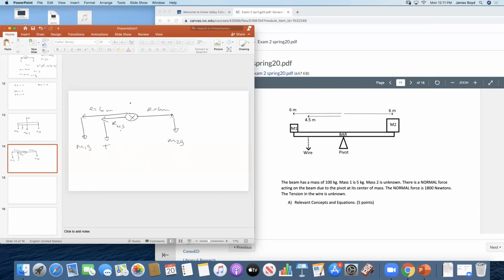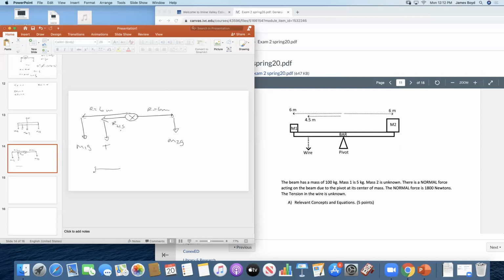We don't consider the normal or the weight of the bar because they're on the axis, which means that their R is 0. Or another way to see it is they're, in effect, parallel to the axis, so they don't cause a rotation. You can't rotate something by pushing on the axis, right? You have to push perpendicular to the axis at some radius to cause a torque.